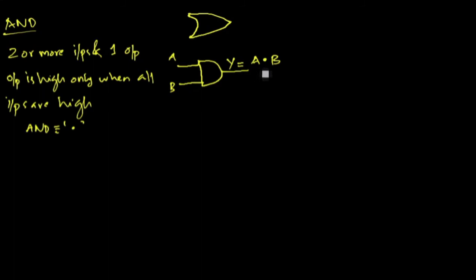So this is read as Y is equal to A and B. This is the symbol representing a logical AND gate, and the Boolean expression is Y is equal to A and B for 2 inputs A and B.